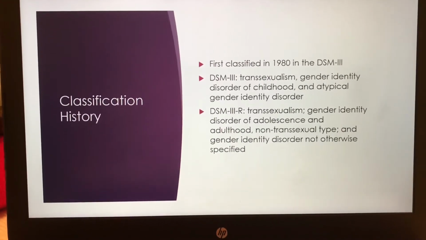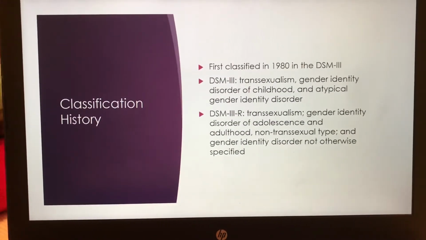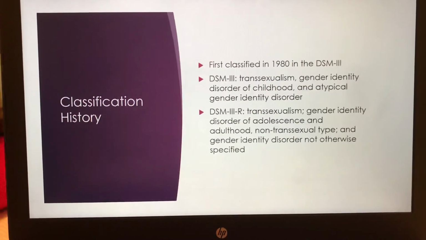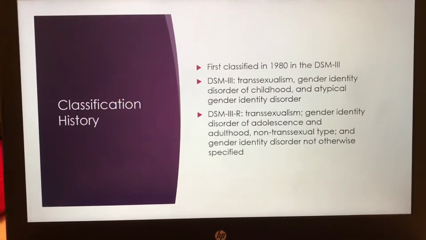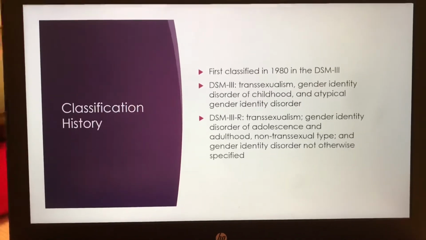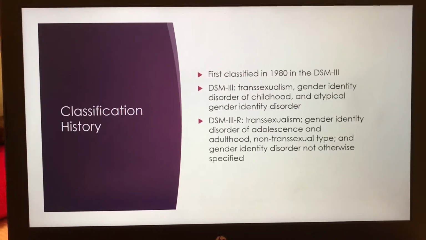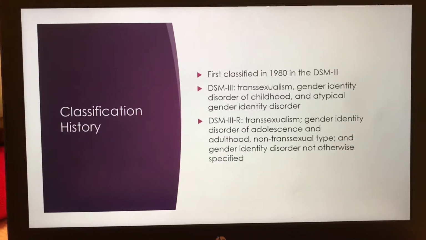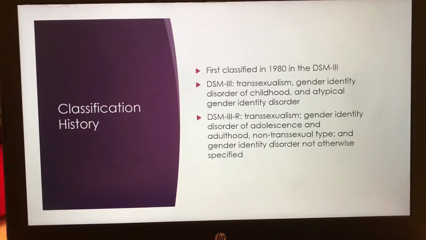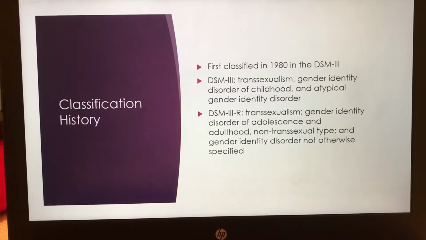In the DSM-3R, the revised edition of the DSM-3, there were 3 different classifications of gender identity disorder, with transsexualism, gender identity disorder of adolescence and adulthood, non-transsexual type, and gender identity disorder not otherwise specified.